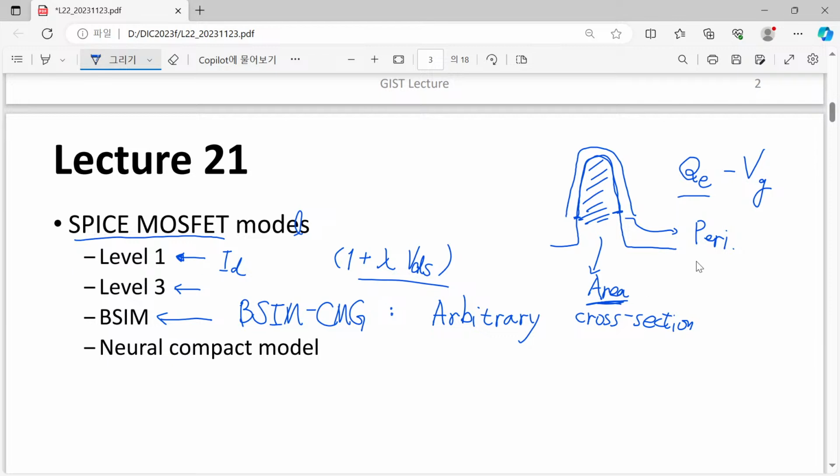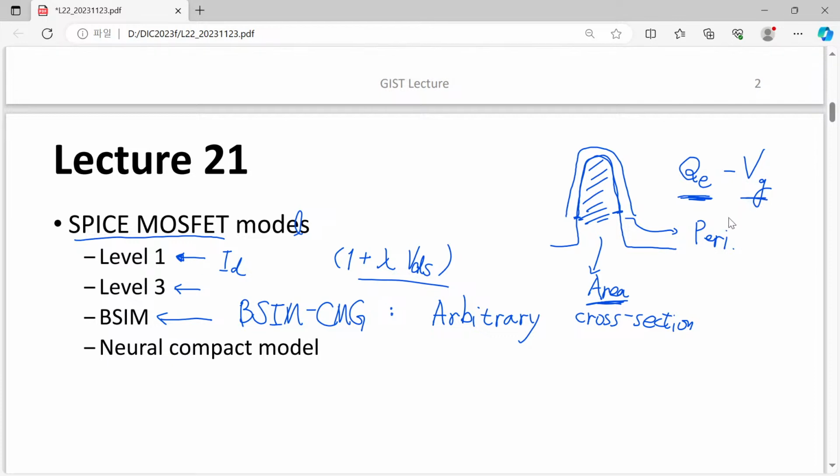Only with these two quantities it is found that more or less the inversion charge density as a function of gate voltage can be expressed in a single expression. So that is really huge discovery. So BSIM CMG adopted this kind of observation.